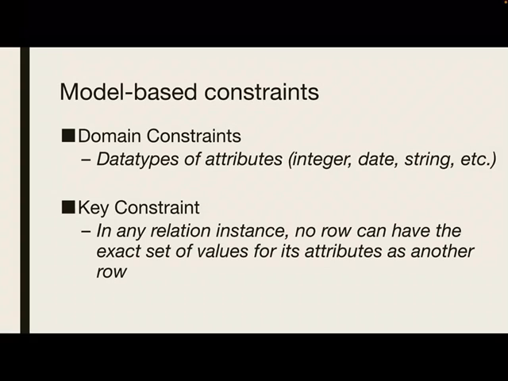So let's talk about the model-based constraints, the ones that are part of the relational model and are enforced for you by your system. The first one is domain constraints. That says that all attributes have to be a member of their defined domain.